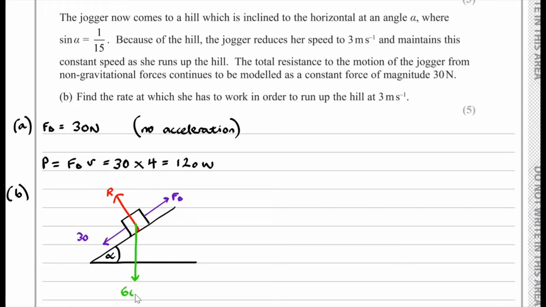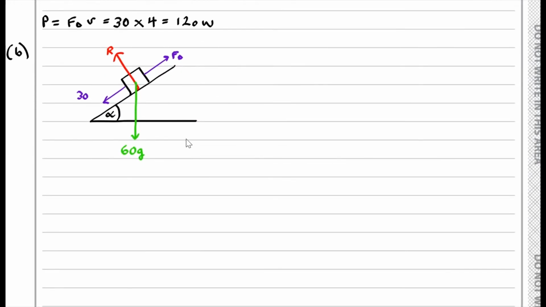We have 60g here. And if we resolve parallel to the plane, you'd find FD is equal to 30 plus 60g sine alpha.